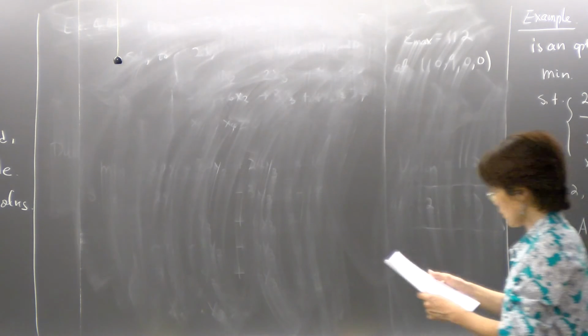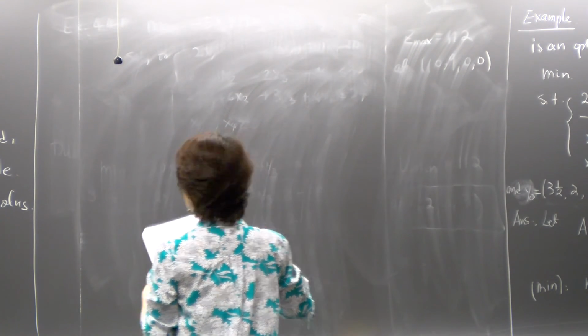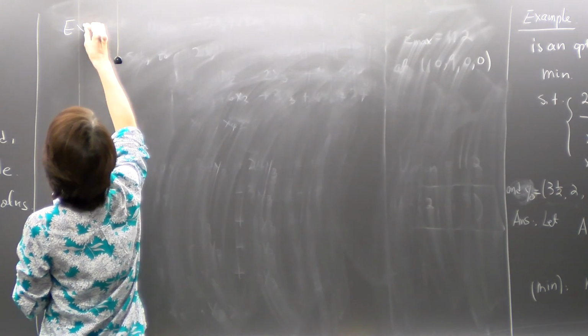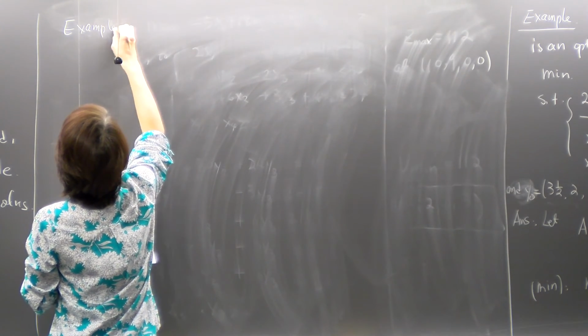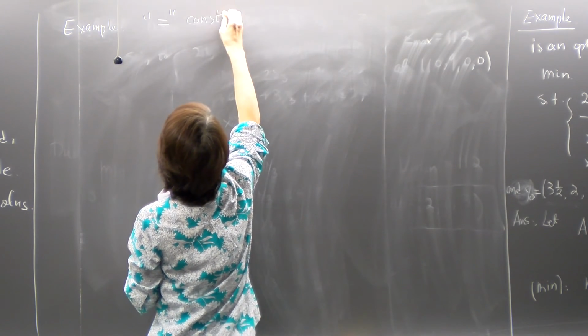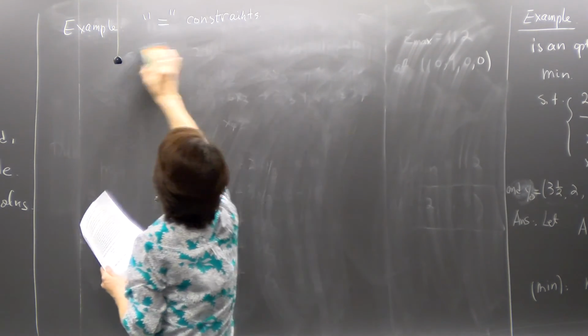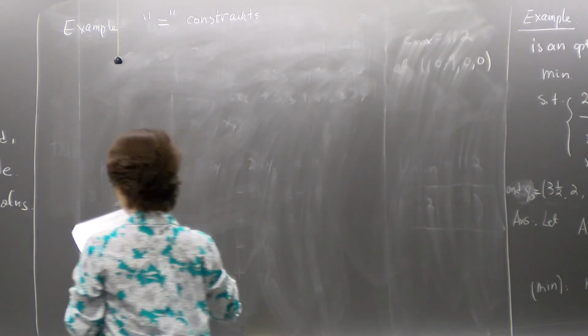So I want to do that. So this is an example with the equal sign constraints. Okay. All right. So let me put that.